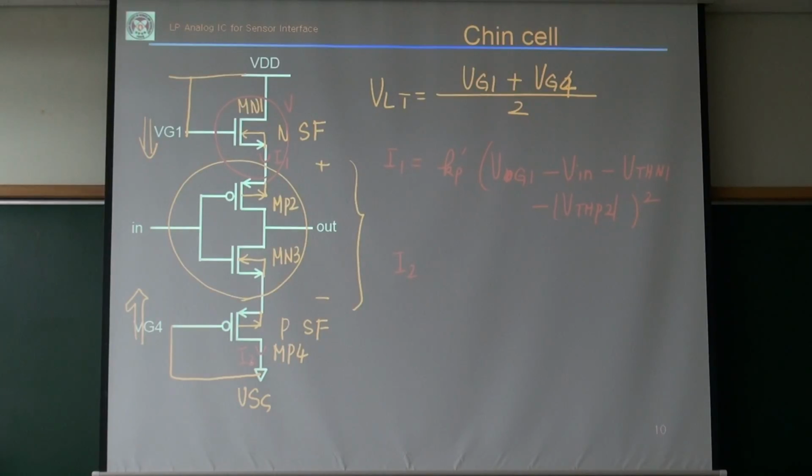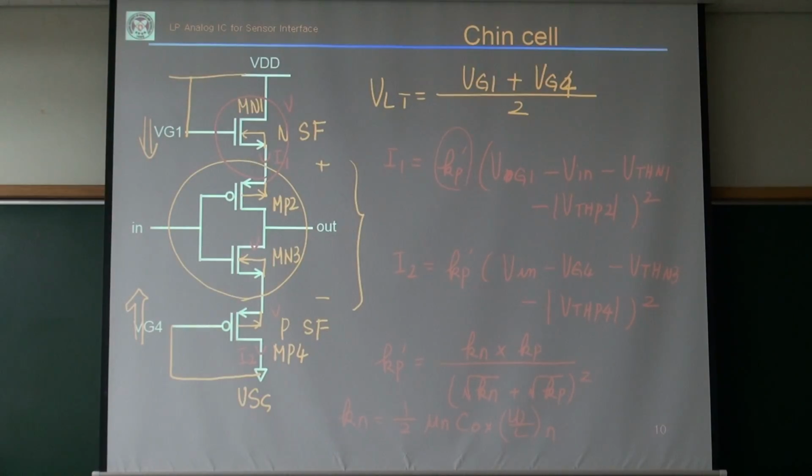And then I2 equals Kp prime times Vin minus VG4 minus VTHN3, the threshold voltage of this thing, and the threshold voltage of this one, squared. So that Kp prime is the common factor, which is something like Kn times Kp over the square root of Kn plus the square root of Kp, squared. My Kn equals half mu n Cox W over L, or something like that, okay?